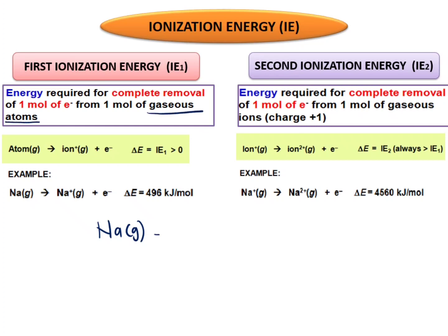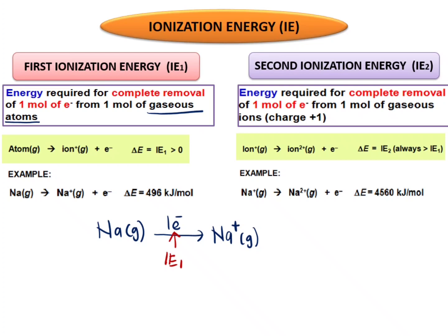So bila dia remove 1 electron, dia akan jadi sodium ion in the form of gas phase. Boleh nampak? So remove one electron. So this removal of one electron, tenaga yang kita gunakan untuk remove elektron yang pertama dipanggil first ionization energy.